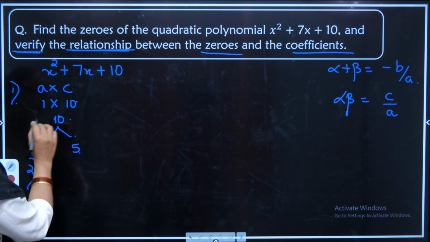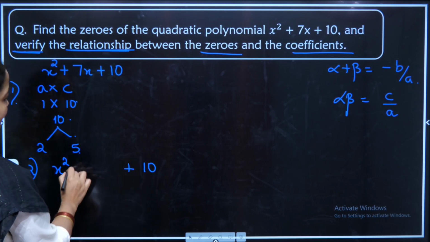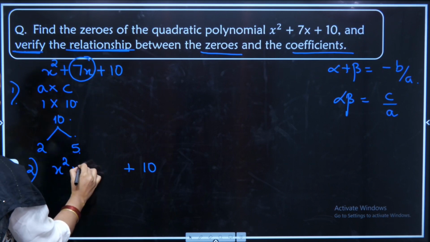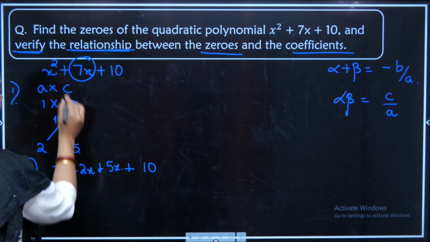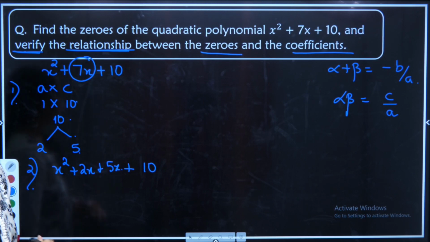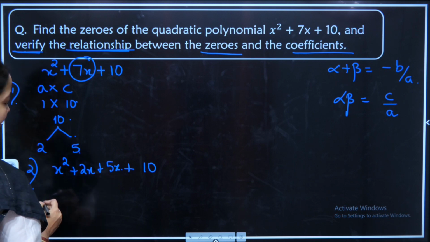Second point will be, I'll write the first term x square as it is. I'll write the last term 10 as it is. Instead of the middle term, I'll be writing the split factors, that is 2x plus 5x. Because it was plus 7, I have taken both the terms to be positive. If you have negative 7, you have to think what will be the sign of the factors.